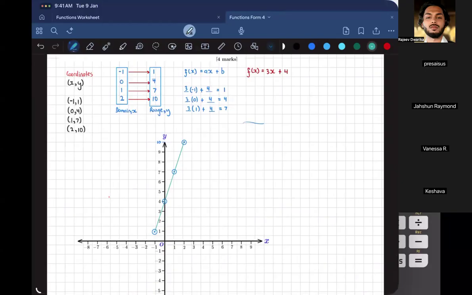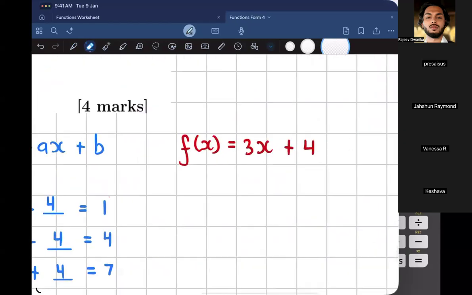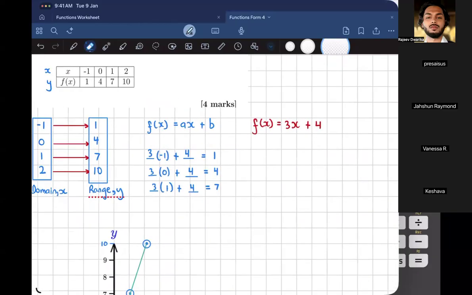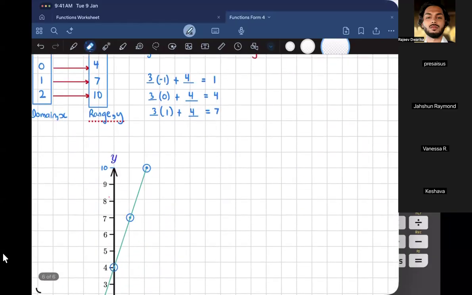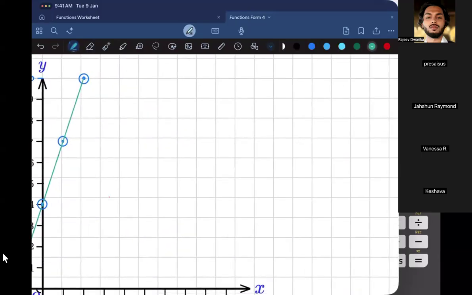And when we do coordinate geometry, you guys will learn about gradients and y-intercept. But let me just give a little preview, and I'm going to show you how we're going to get the same answer. Did anybody in class ever do the gradient formula?